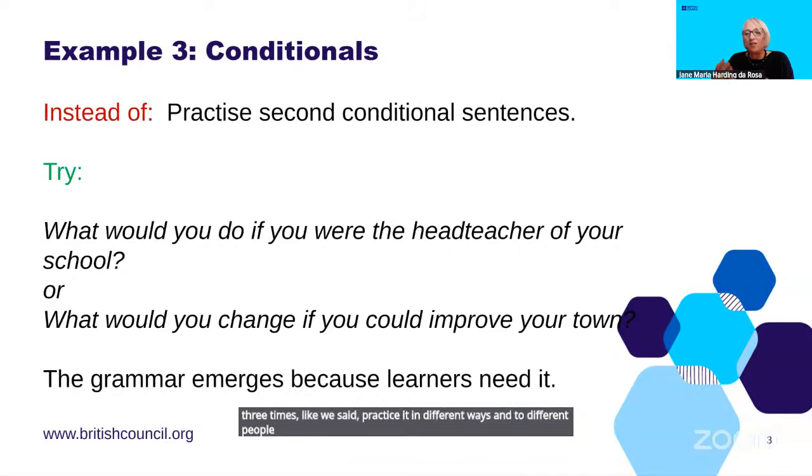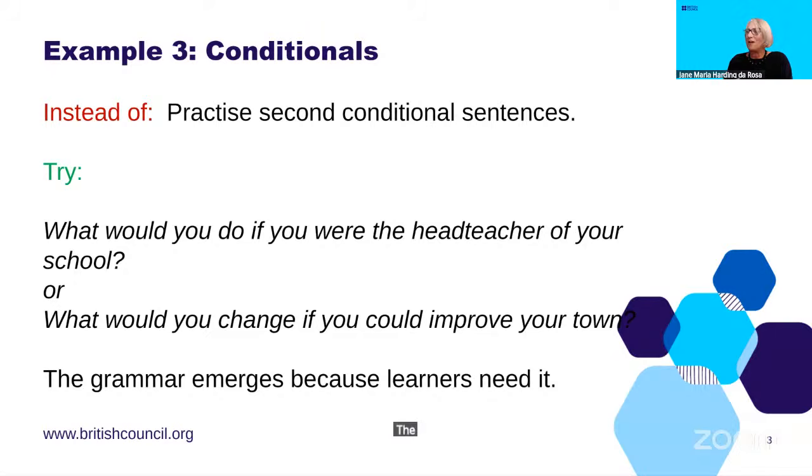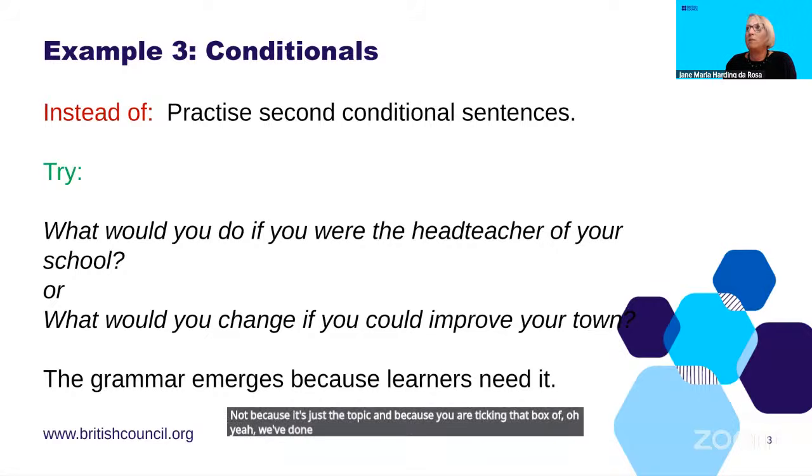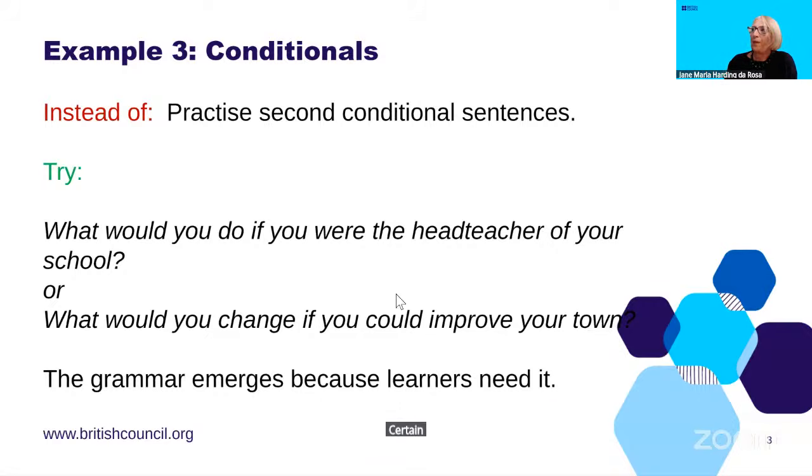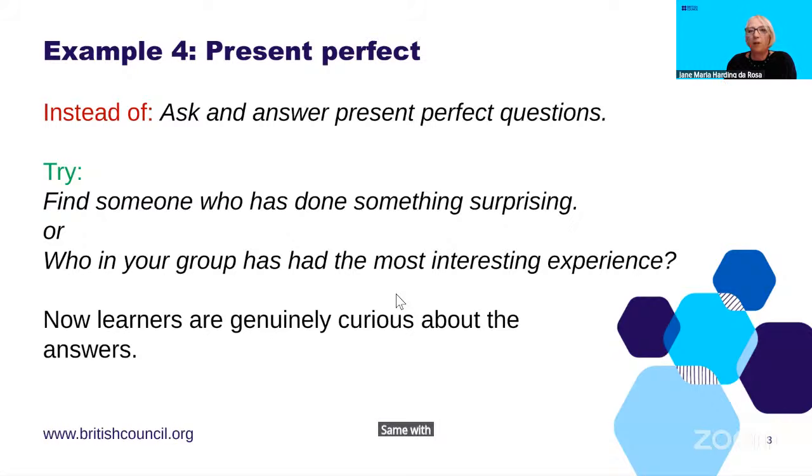And I think this is what's really important, that the grammar emerges because the learners need it, not just because it's the topic and because you are ticking that box of, oh yeah, we've done second conditionals. Same with this present perfect.